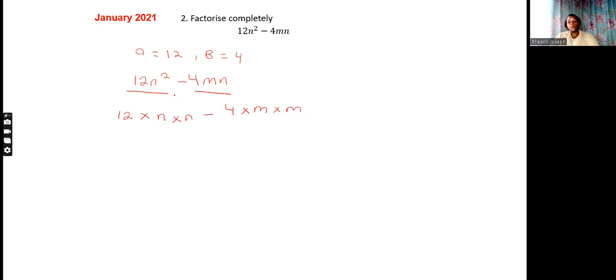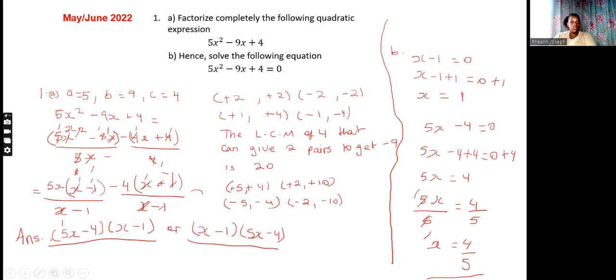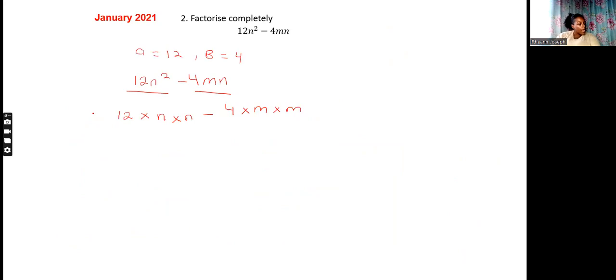So that is something that we do differently that we don't do here. Okay, so after we expand it, we want to find the HCF in terms of what could go into 12 and 4. So we're looking at the factors. So what is the highest common factor between 12 and 4?